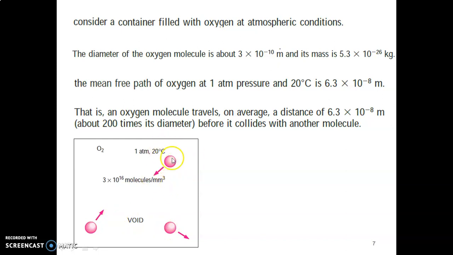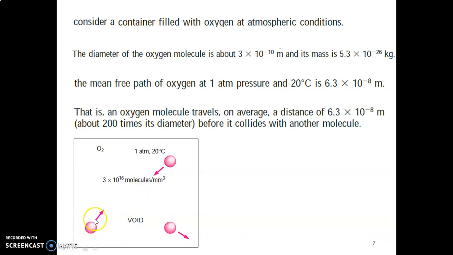Consider a single molecule among this. We are considering this molecule. Now we will consider the collision of this molecule with other molecules. So this molecule will travel to this molecule and it will collide with this molecule. Immediately after the first collision, we will measure the distance.